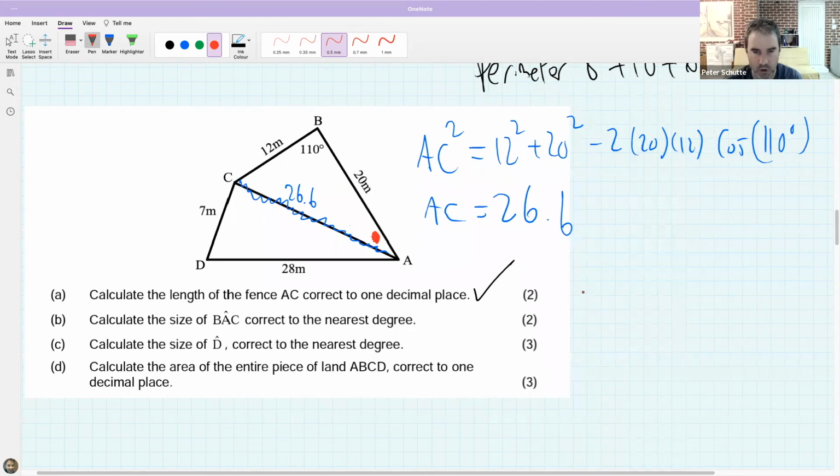I will just choose one of them, and then those who did it the other way will see you get the same answer. Okay, go ahead and do it. I'll choose a method, but you could use either the sine or the cos rule here.